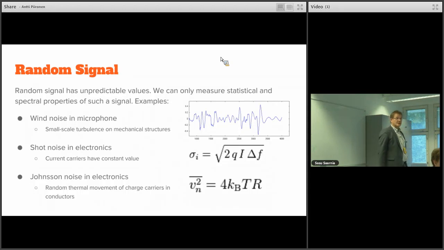Then Johnson noise in electronics. That's basically, again, these charge carriers are electrons and, well, they can also be holes. But anyways, Johnson noise is the random thermal movement of these charges.